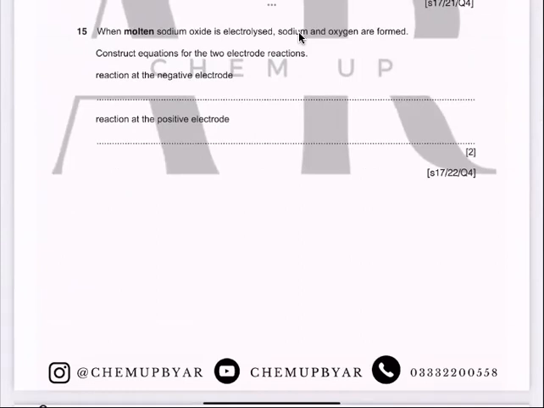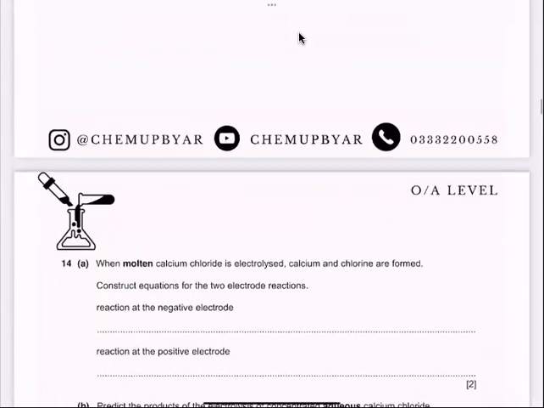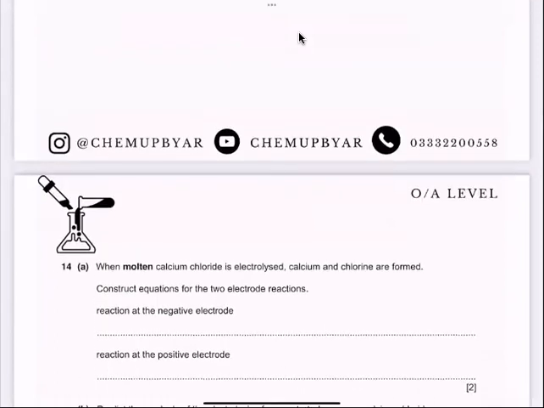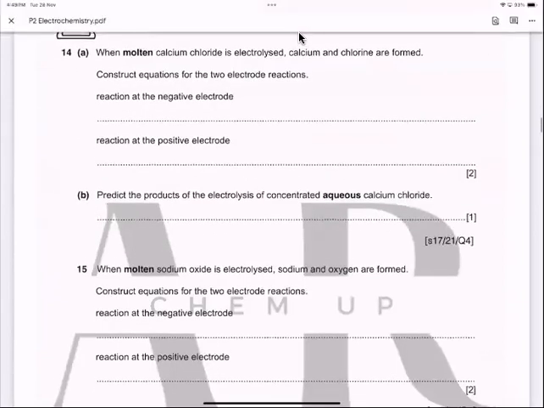See, in this case, they have asked you to just write the equations. Okay. Then this one quickly. 14. There is nothing to do about 14b, okay?